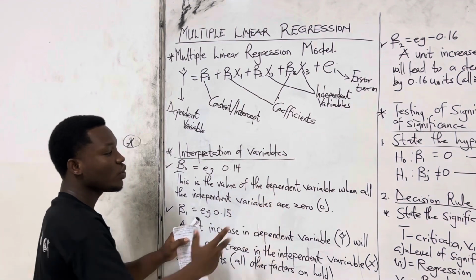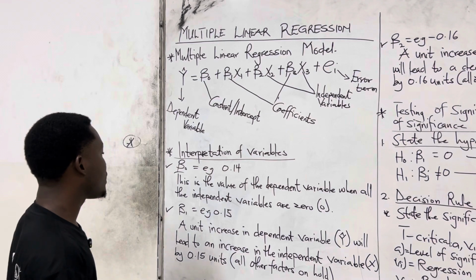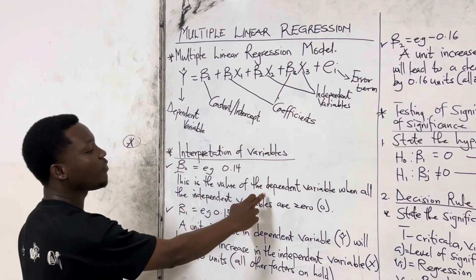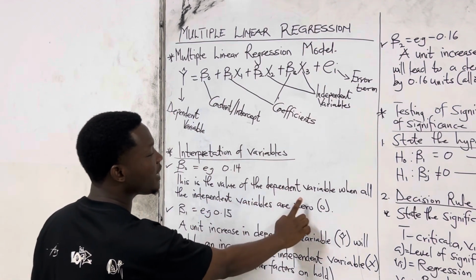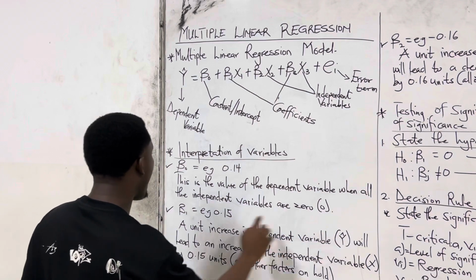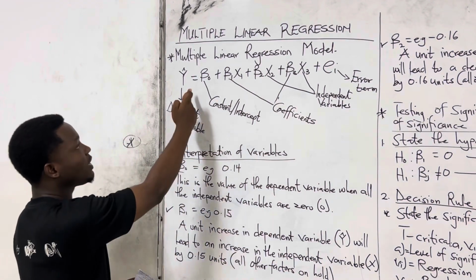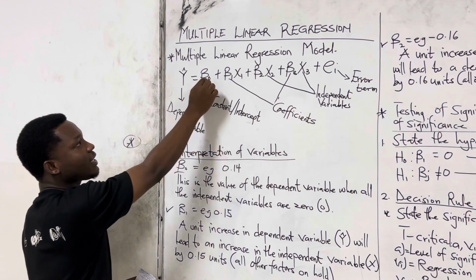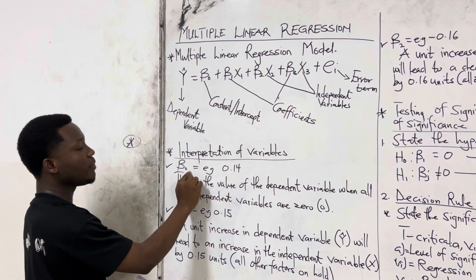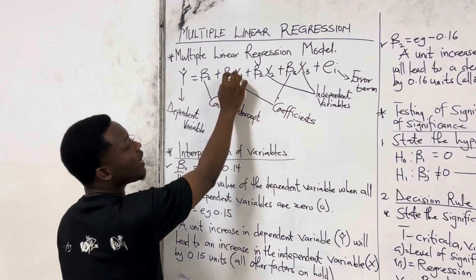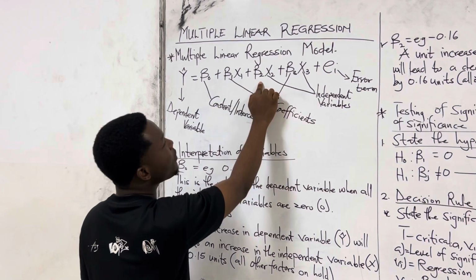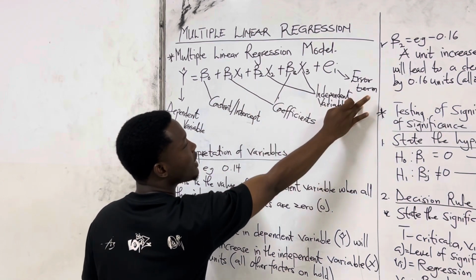With this 0.14, we have to interpret it. We interpret it by saying this is the value of the dependent variable when all the independent variables are 0. This is the dependent variable, and this is the b naught. The b1, b2, b3 are the independent variables' coefficients.